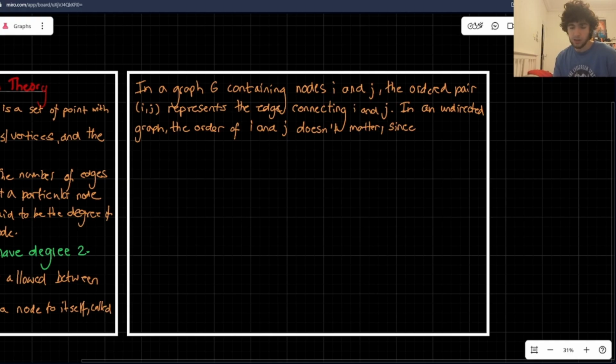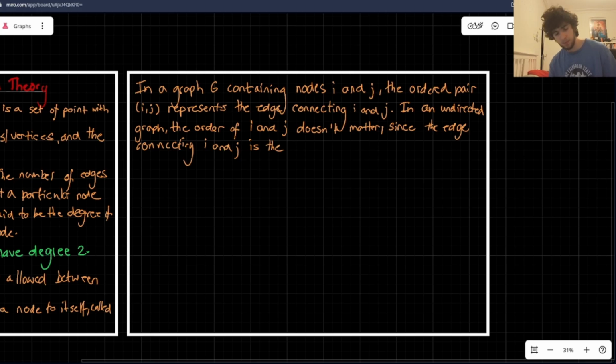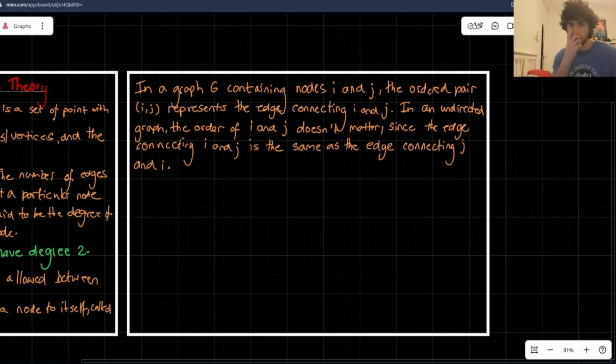So in an undirected graph, the order of I and J doesn't matter, since the edge connecting I and J is the same as the edge connecting J and I. Okay?